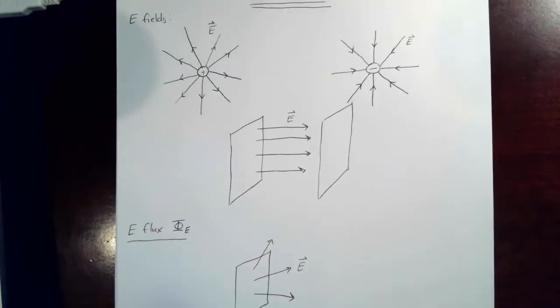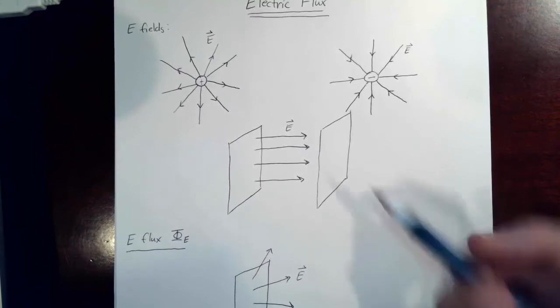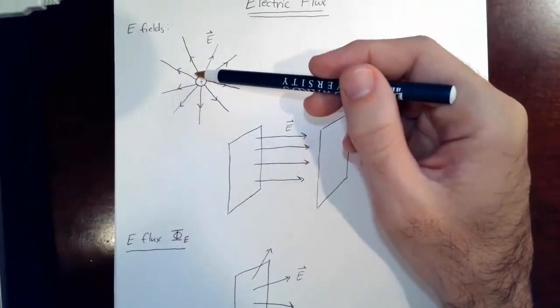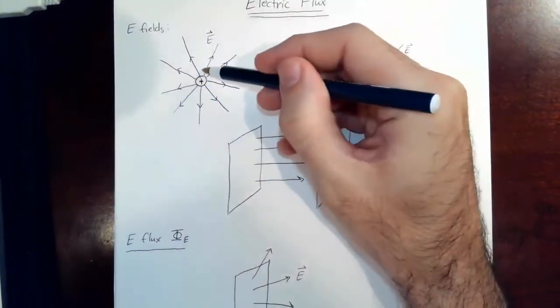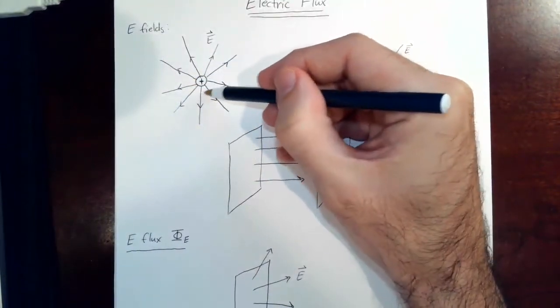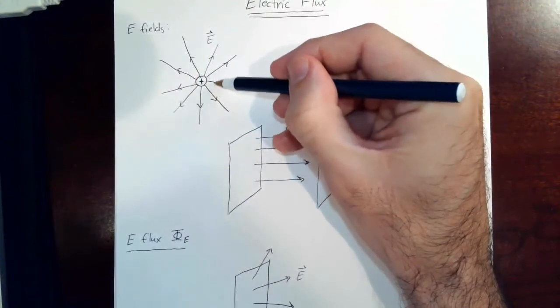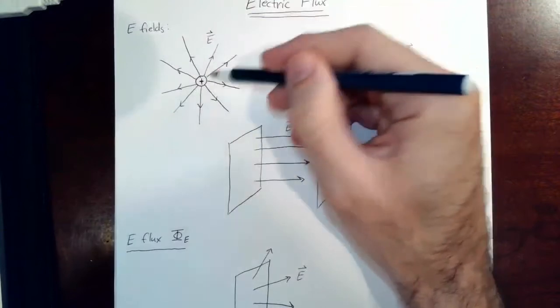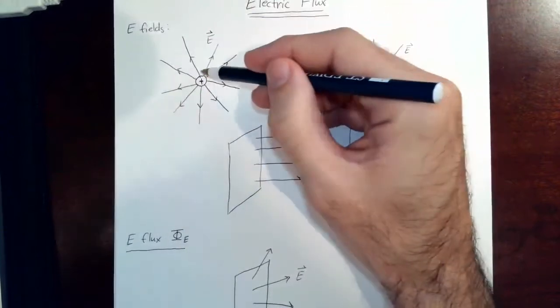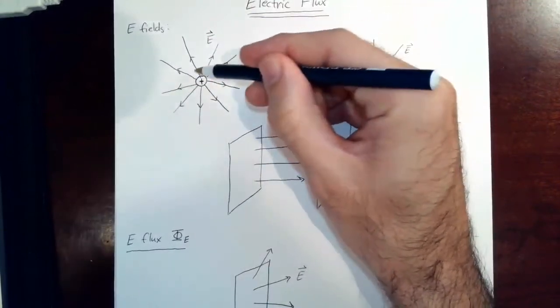Backing up to these pictures for just a second, I want to point out that notice what's going on with the field lines close to this charge. They are more closely packed. There's less distance between adjacent lines here. And if I were to draw more lines, because there's actually an infinite number of these lines, you'd see the density would clearly be pretty high.